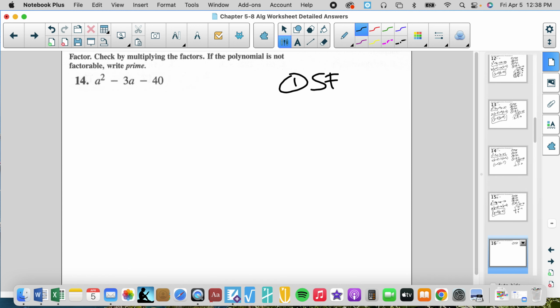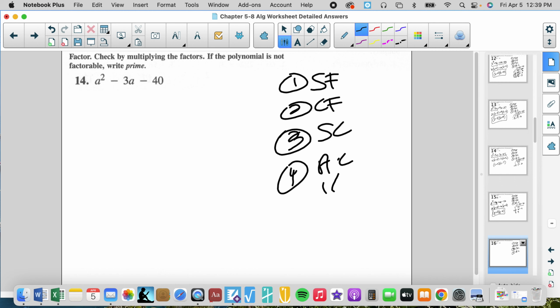Standard form, common factor, special case, A times C, 1 times negative 40. 1 and 40, 2 and 20, 4 and 10, 5 and 8.